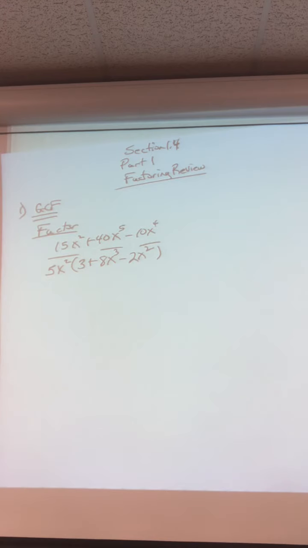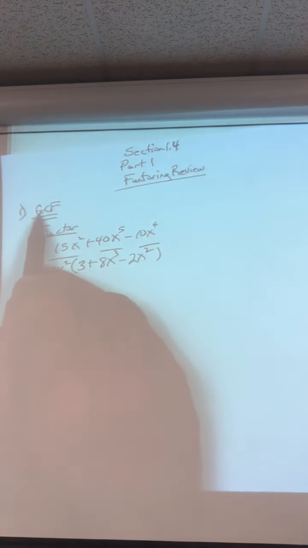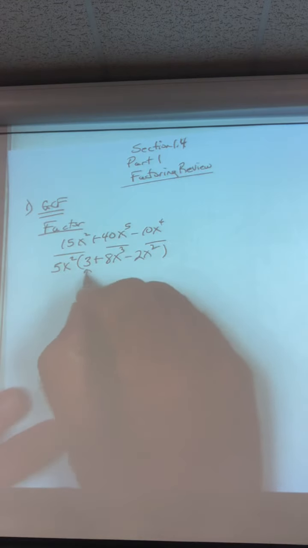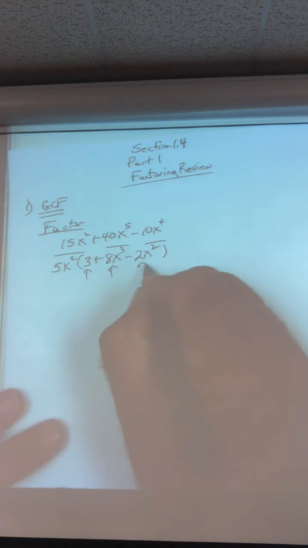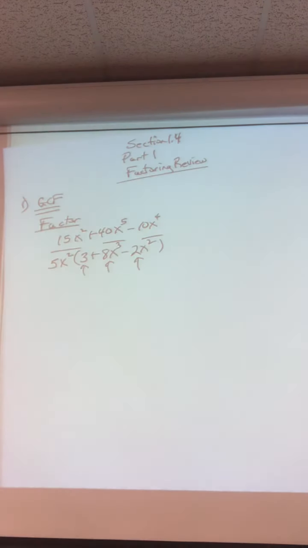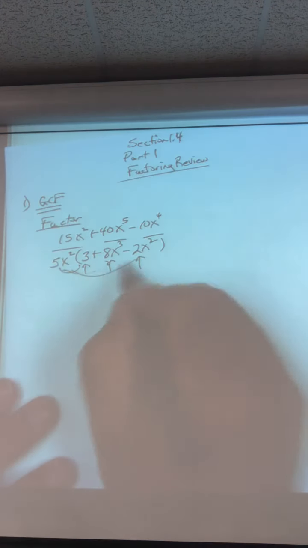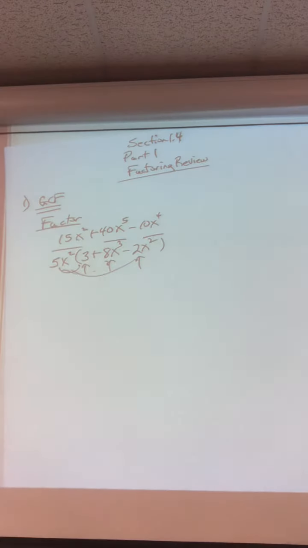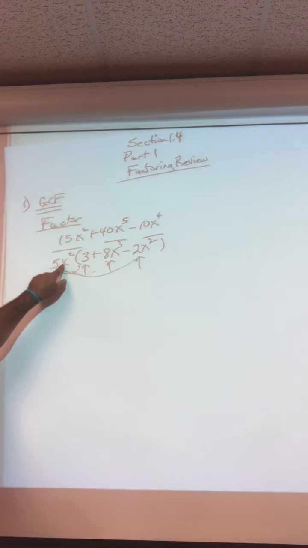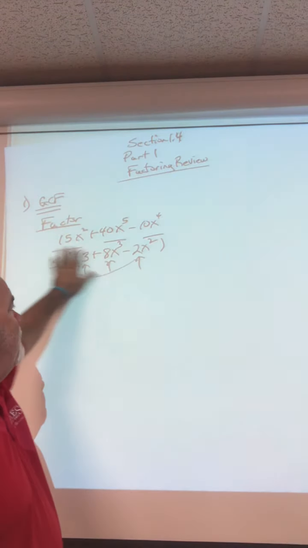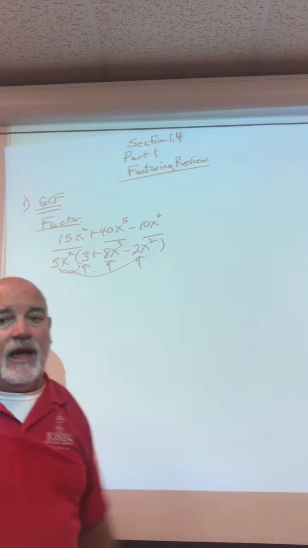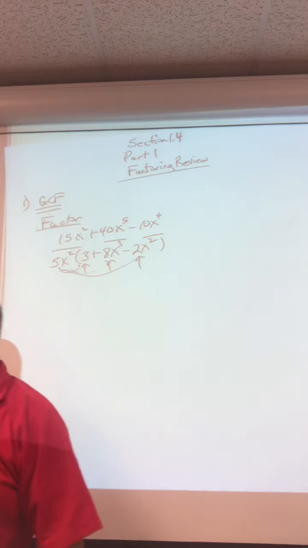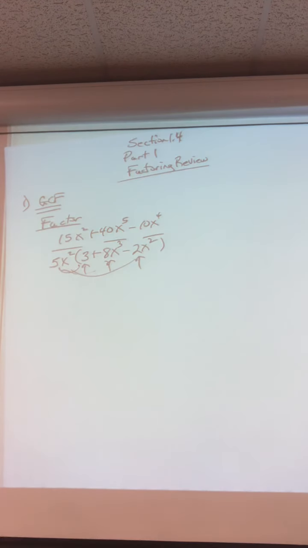Number 1, you know that you took out the greatest amount if there's nothing else that divides into the terms that are left. And there's not. Next thing, notice that if you distribute this, it will take you right back to where you started. So I found 2 things, this times this, that multiply together to give you that. So I have factored that polynomial.